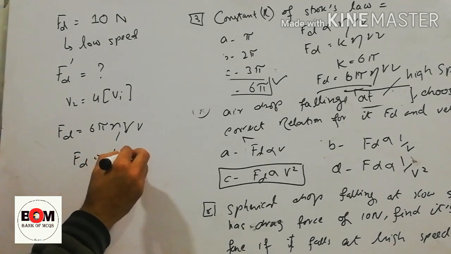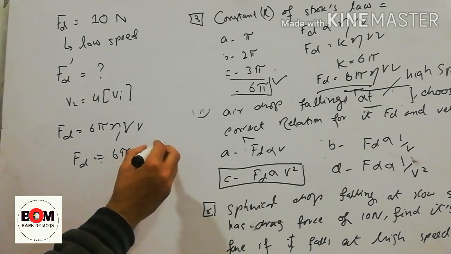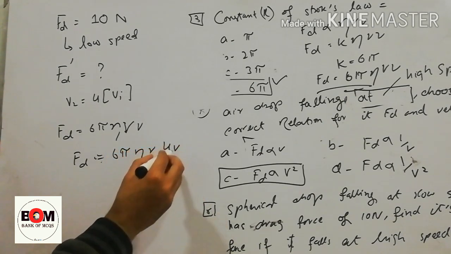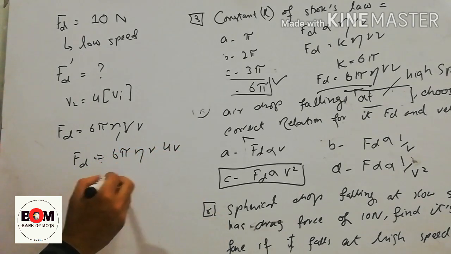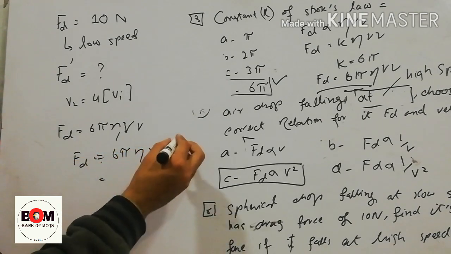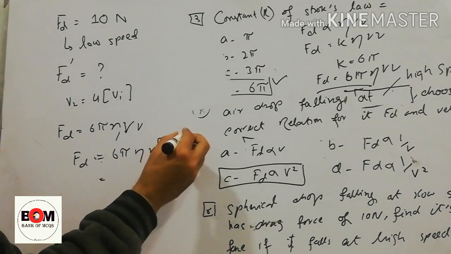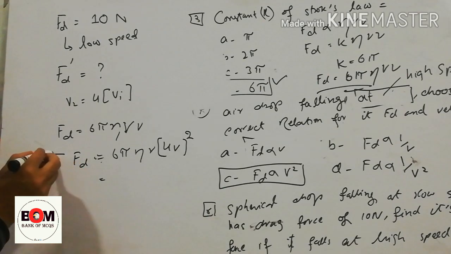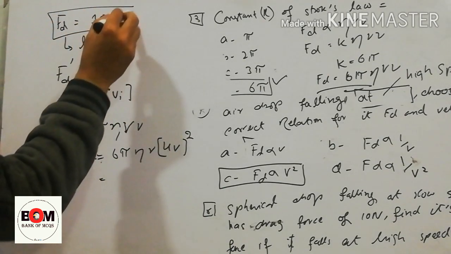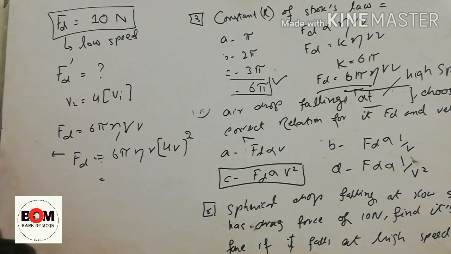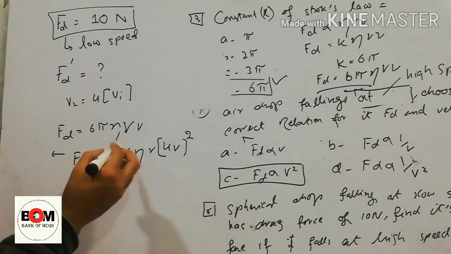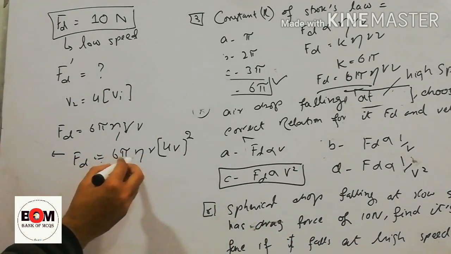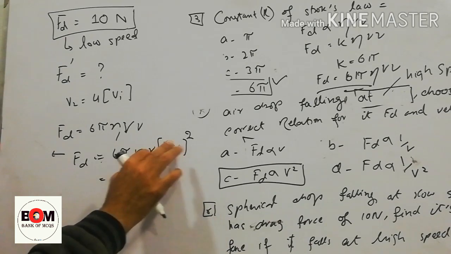6 pi eta r, 4v. But we must remember that we will put a square here, because this value is given at slow speed, but we have been asked to find the force for high speed. So at a high speed Fd is equal to 6 pi eta r v square.